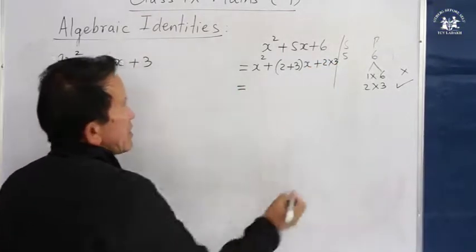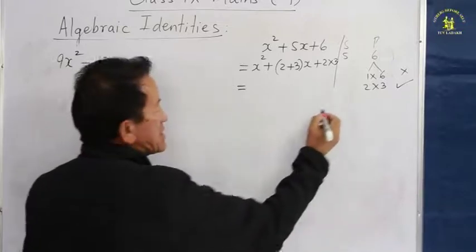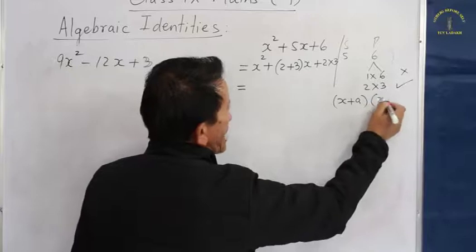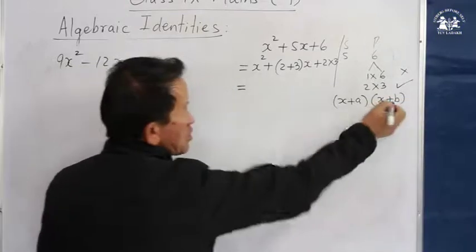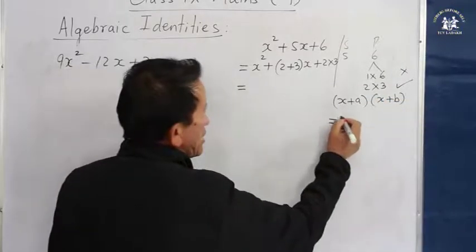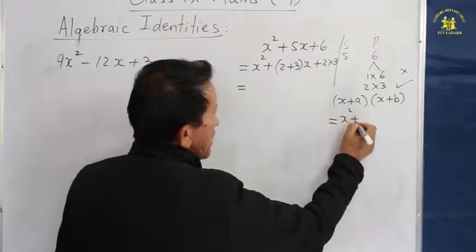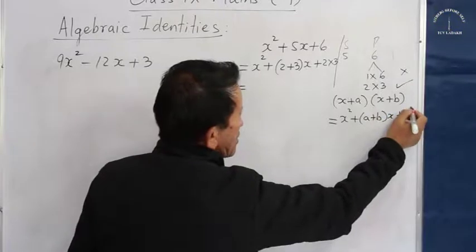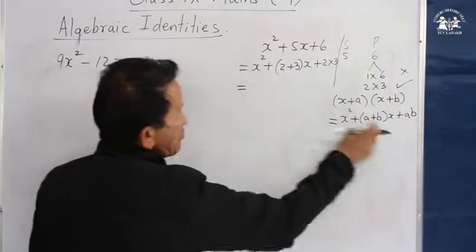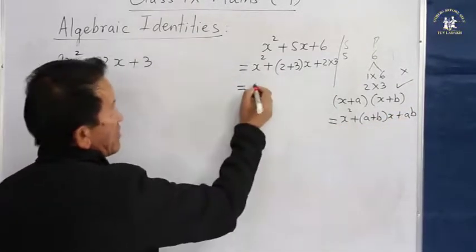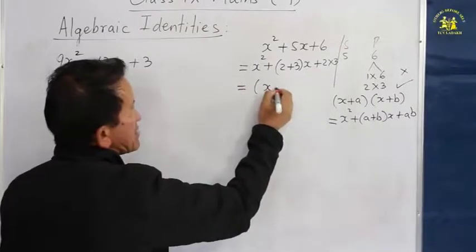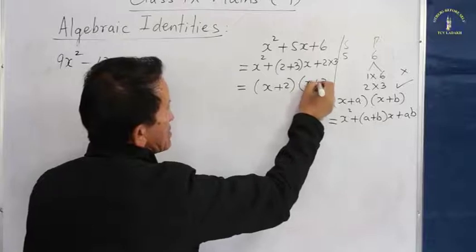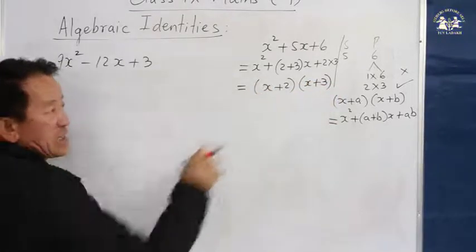So the required identity is x plus a into x plus b. If these two are the factors, the product will be x squared plus a plus b, x plus ab. So this is in this form. So the factors will be x plus 2 and x plus 3. That is using the identity.